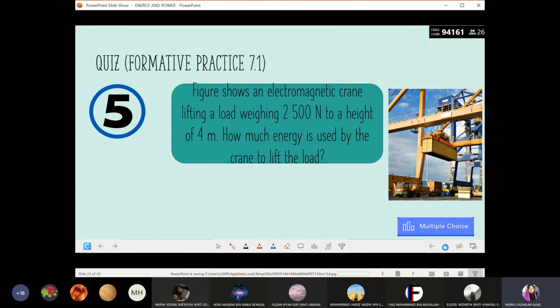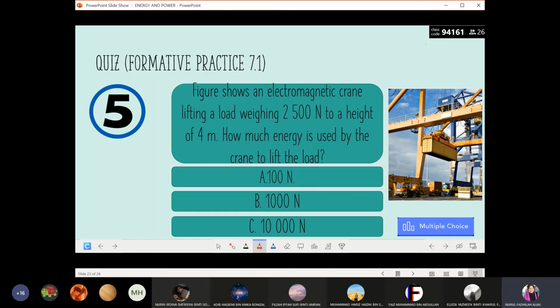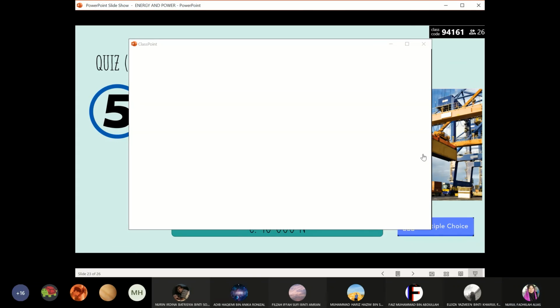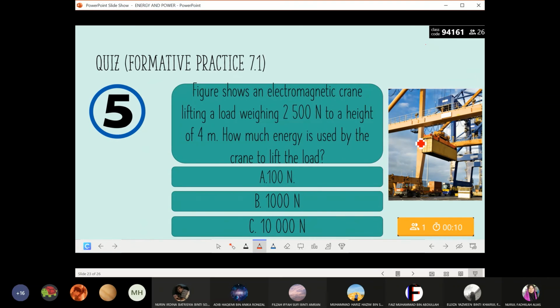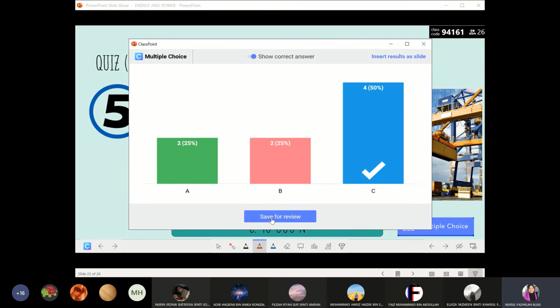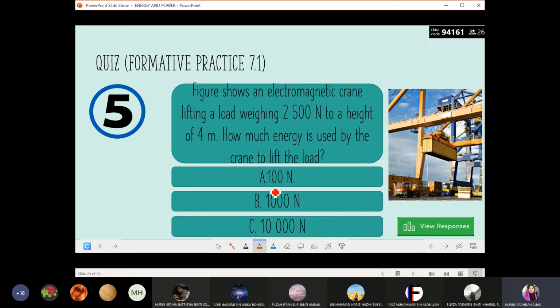Okay, so here is the question. Make sure you understand the question. It is not the same as the earlier question. It's a little bit different. So what's the answer? How much energy is used by the crane to lift the load? So the answer is C. Why C? It's the same as before.